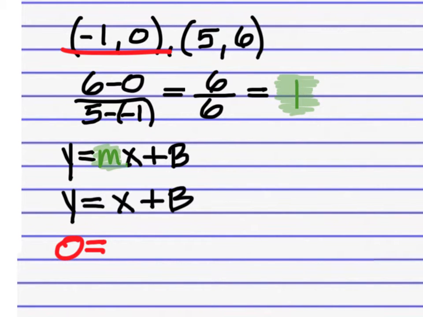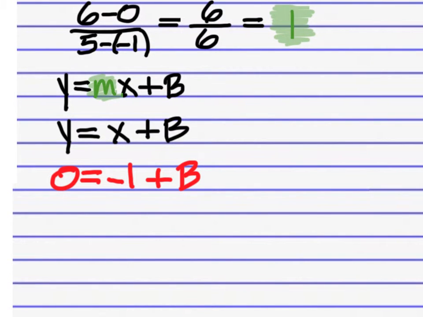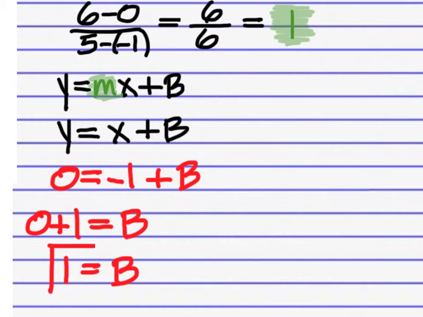What goes in for x? Negative 1. What do I do next to this equation? Yeah, move the negative 1 to the left, change the sign. 0 plus 1 is just 1. So we end up with a b value of 1. What do I do with that b?